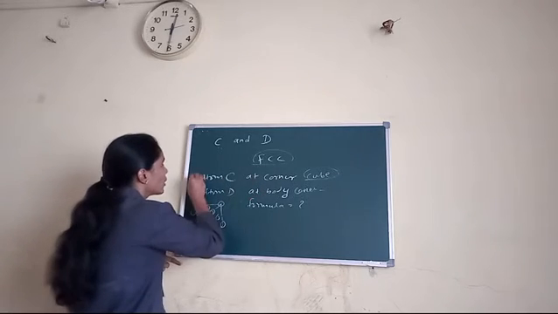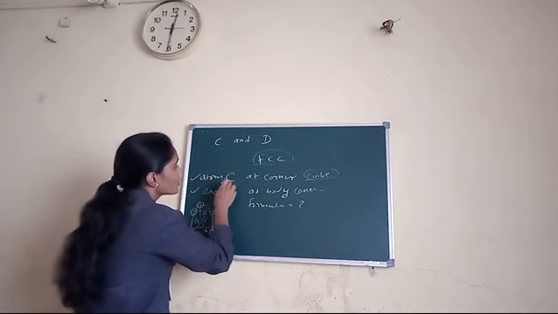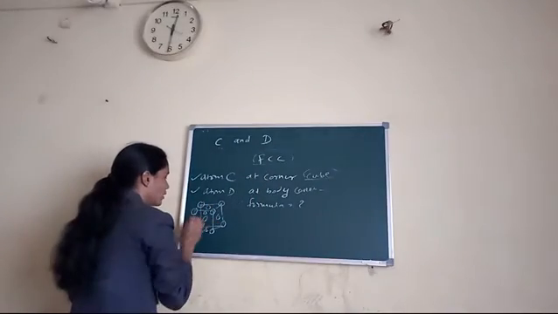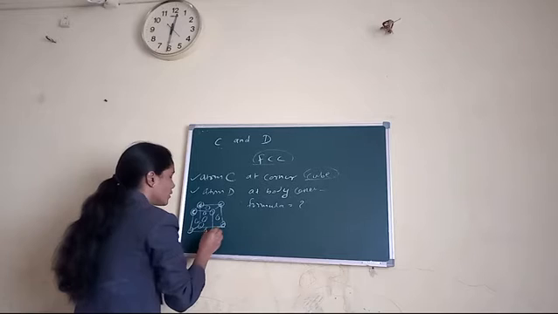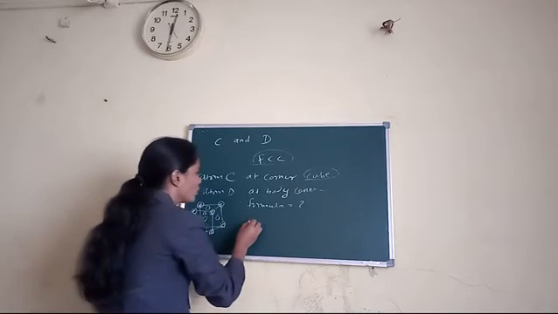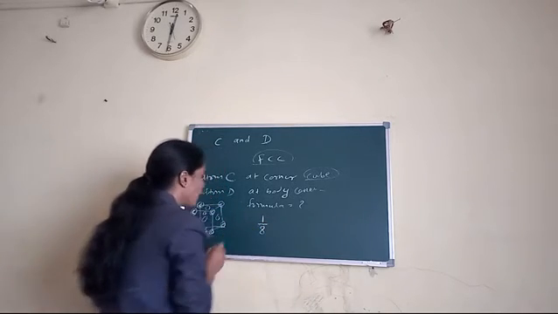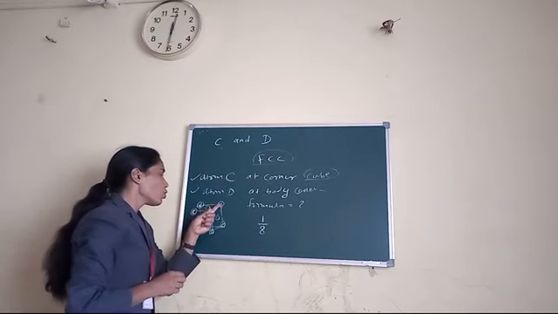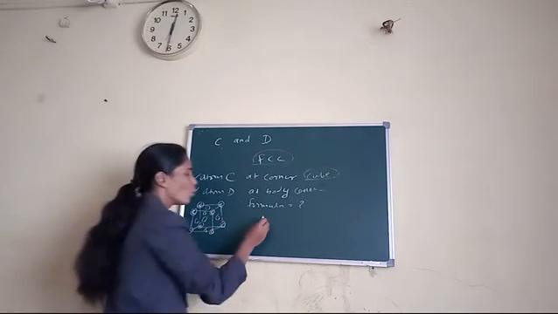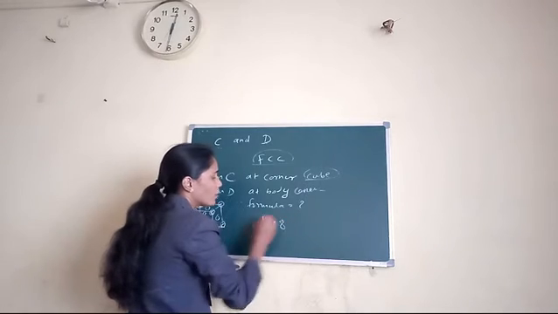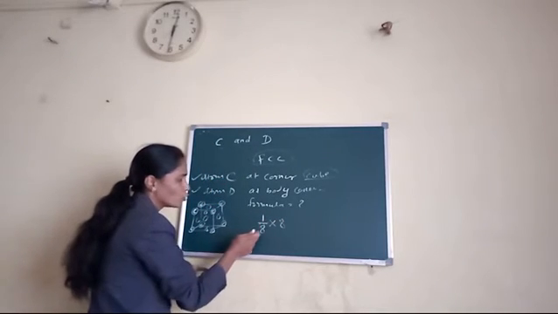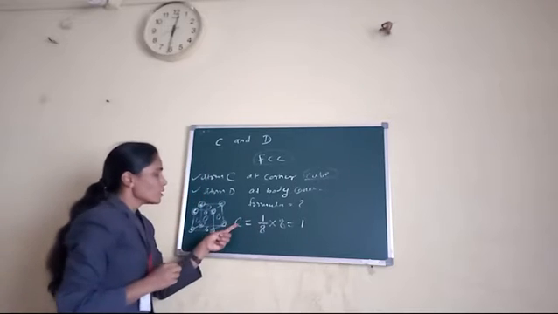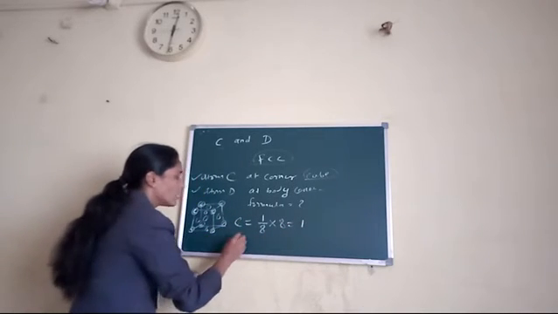Therefore, the C atoms at the corners are 8, and every corner occupies 1/8 position. So 8 corners into 1/8 is equal to 1. The number of C atoms is 1.